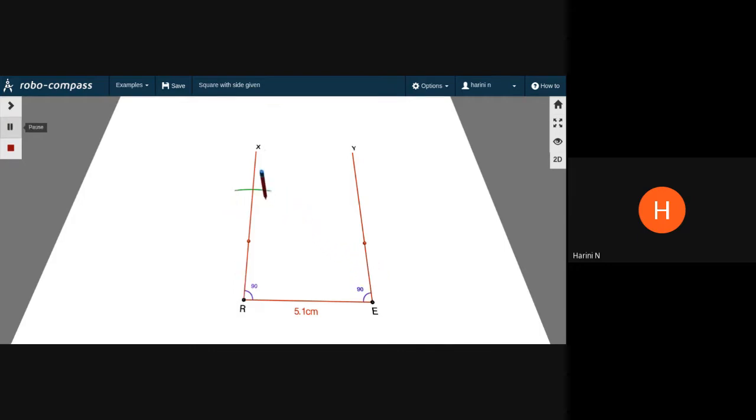So first the arc is cut and the point of intersection is marked as B. Now again, come back to the point E. With E as center and the same radius 5.1 centimeters, cut the arc intersecting EY at A. So these two points you have got, that is B and A.